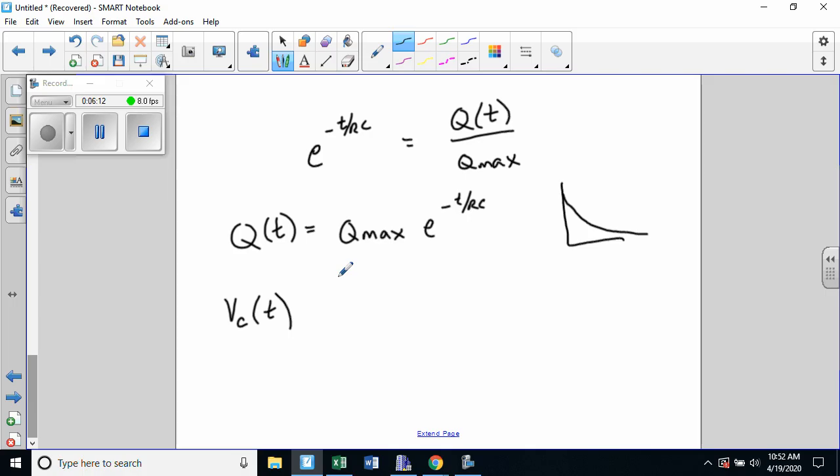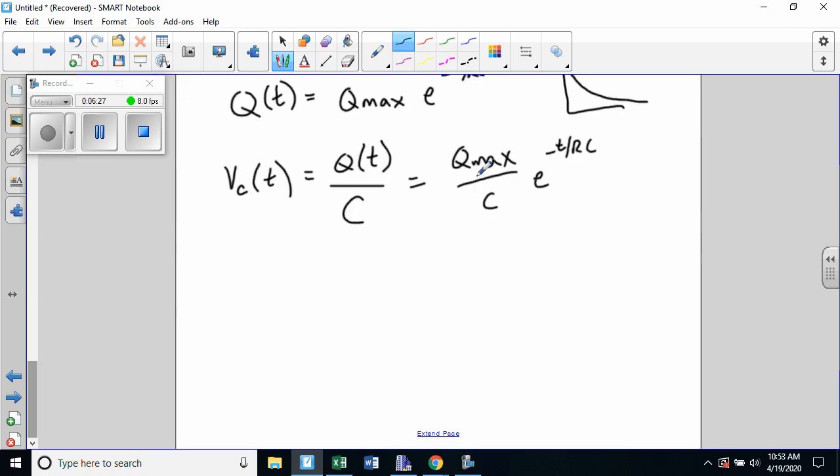We know voltage is just Q over C. So if I take the time dependent charge divided by the capacitance, that would be Q max over C, e to the minus t over RC. And what is Q max over C? That is the initial voltage, right? So we'll say this is V initial e to the minus t over RC, which if we charged it up with a battery, that would be V of whatever battery you charged it up with. But I'm just going to leave it as V initial, whatever voltage it started out with.